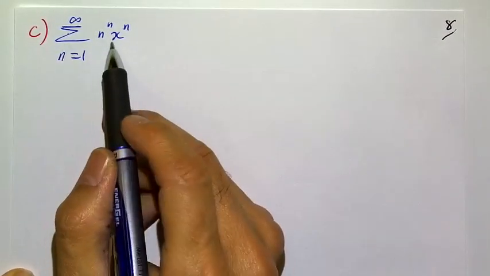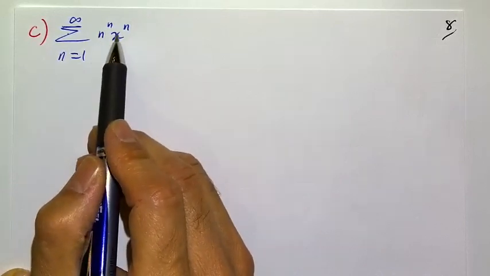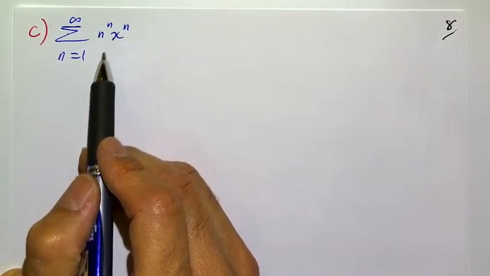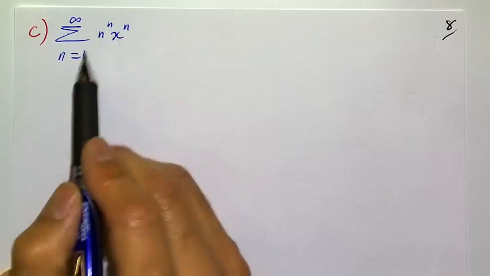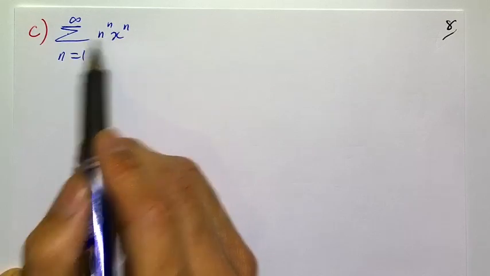So taking a look at this, because everything is raised to the n power, it seems easier to apply the root test rather than the ratio test.